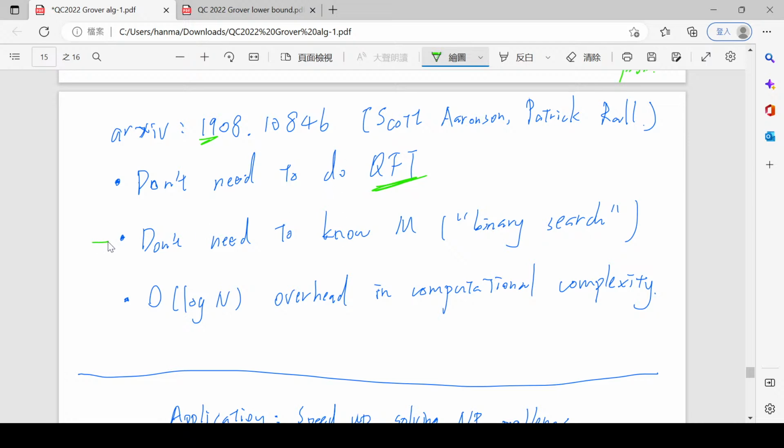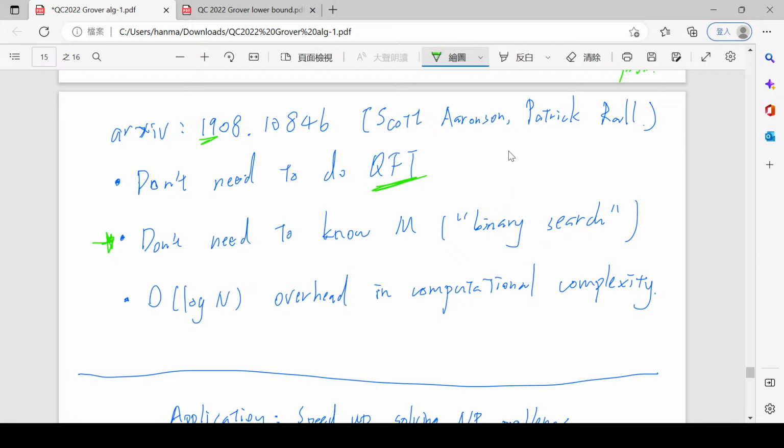We have been talking about this setting a lot, right? Their algorithm doesn't need to know m because they are doing a kind of binary search thing. But their main motivation is they want a quantum counting algorithm that doesn't use quantum Fourier transform.